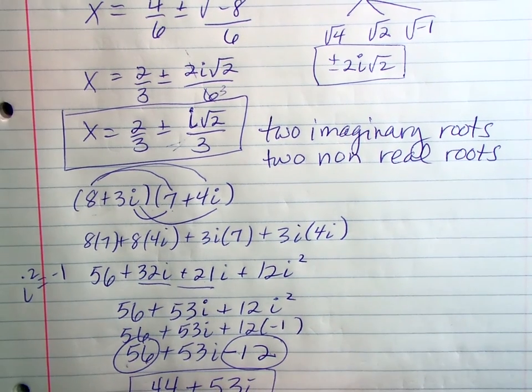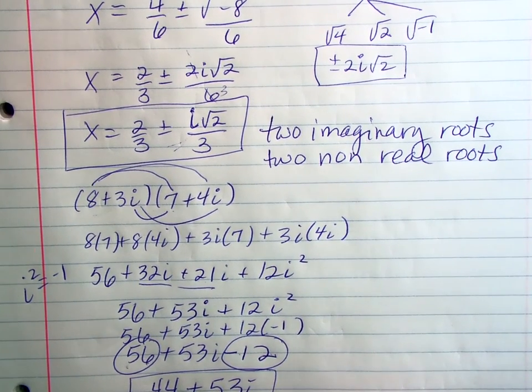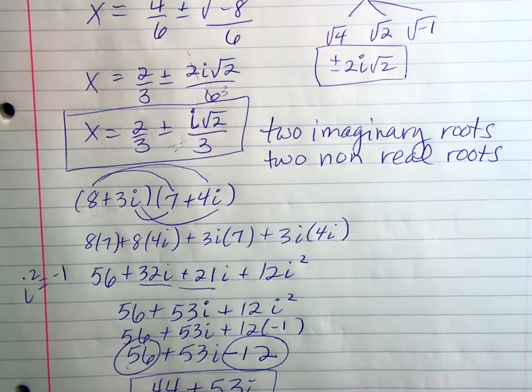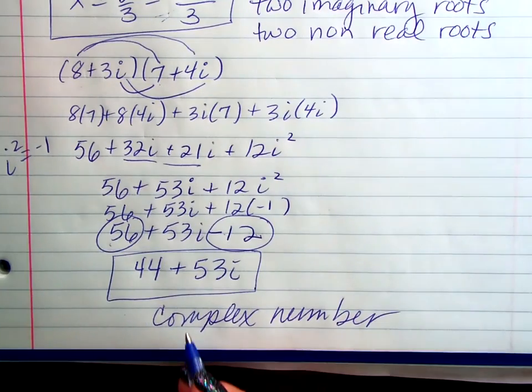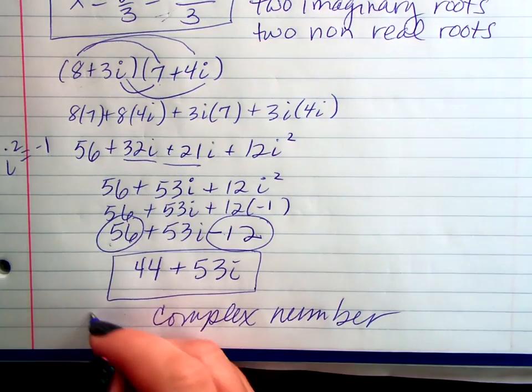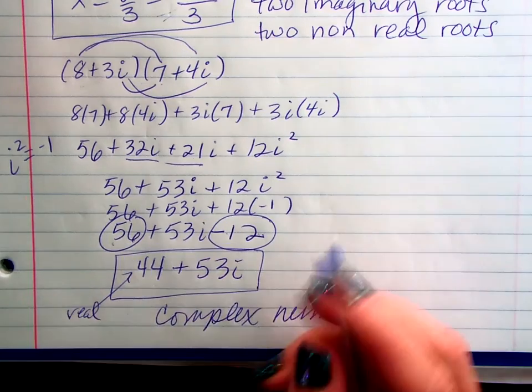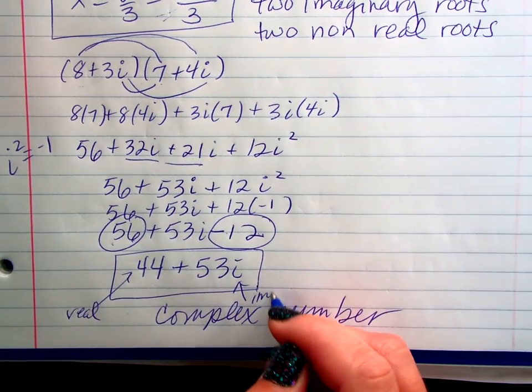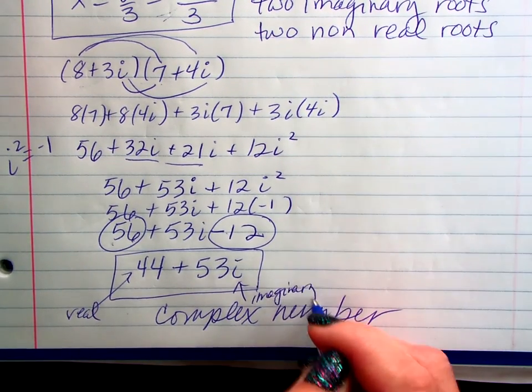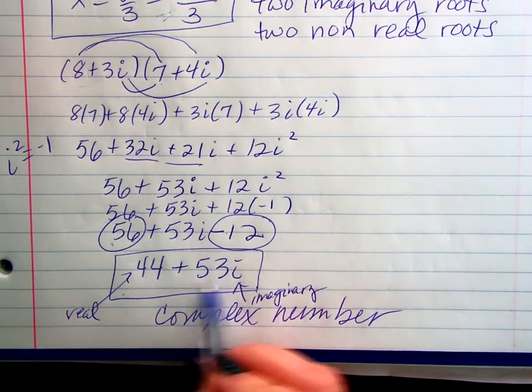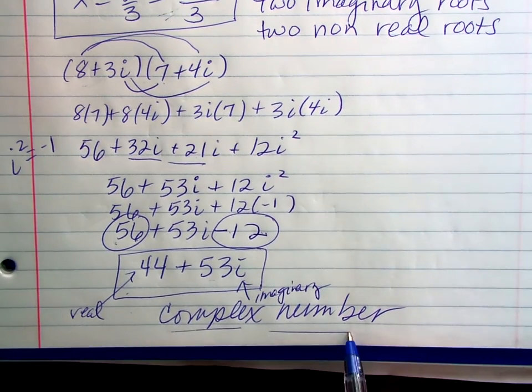This is called a complex number because it is made up of a real part, this is the real part, and an imaginary part. Because it has these two parts with the i, we call it a complex number.